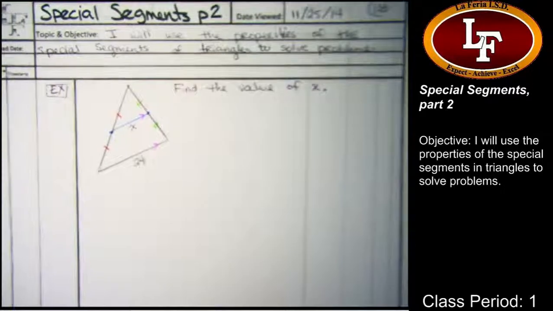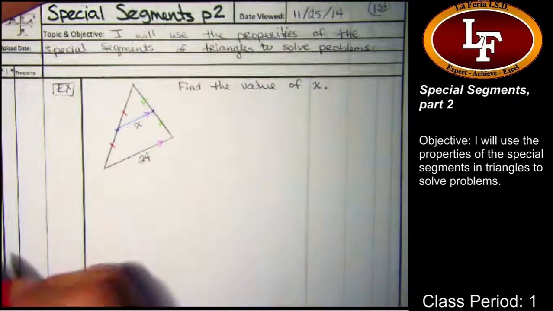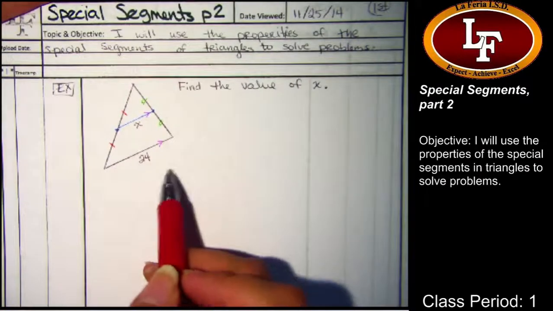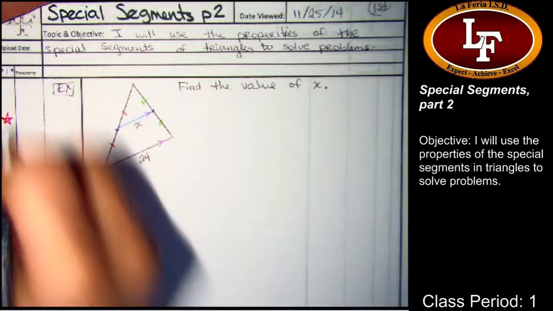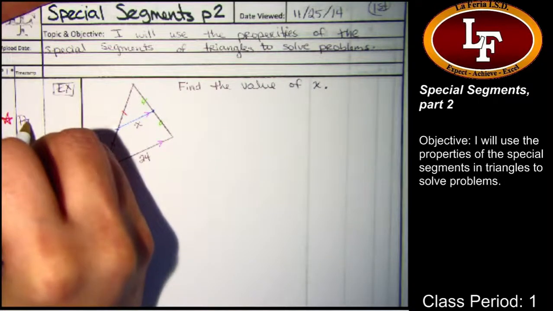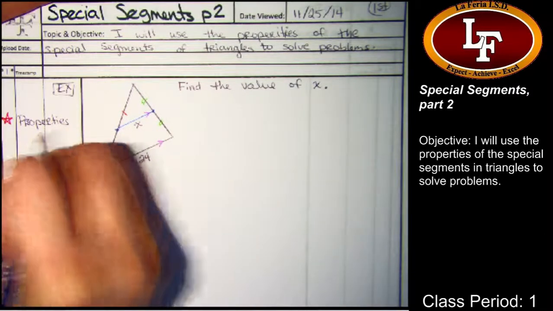Okay. I'm going to zoom out just a little bit because I want you to see the star I'm going to put. So in order to make this happen, you need to know one important thing, and that is one of the properties of the midsegment which wasn't given yesterday.